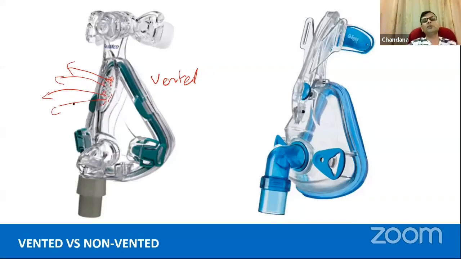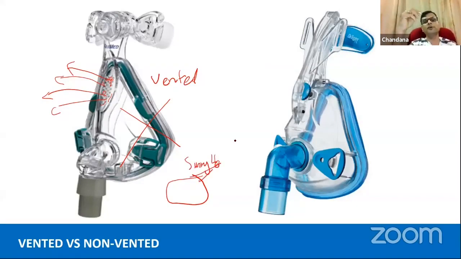Now in COVID, this is not a good device, because the patient will exhale all the aerosols through this vented mask. So this is actually not recommended in a COVID situation, but this is the usual device which you connect to portable single limb devices, which are most widely available in our country at the moment.